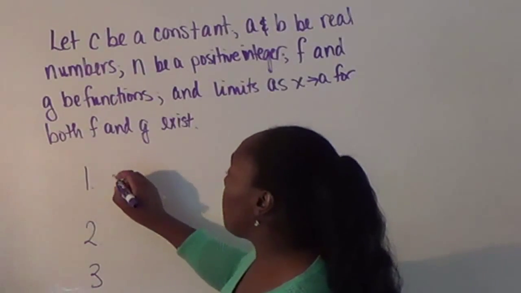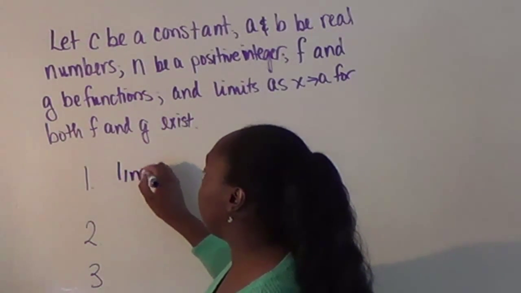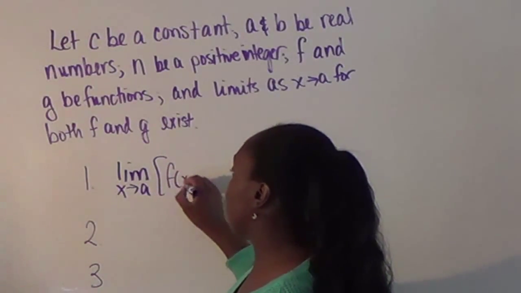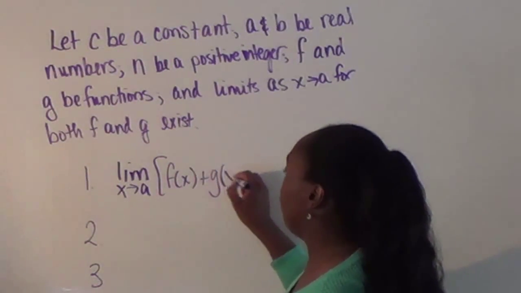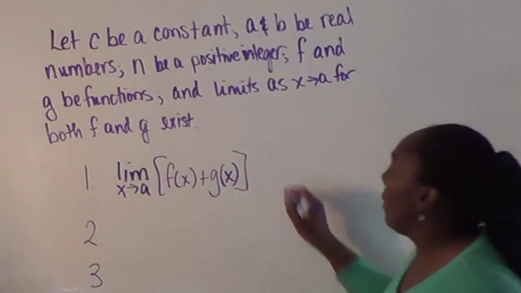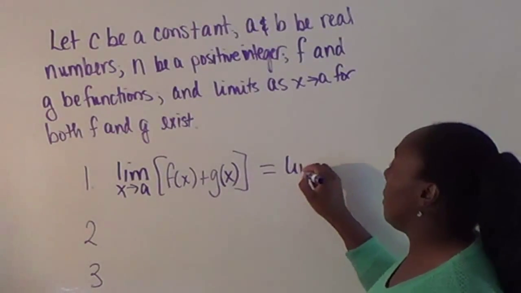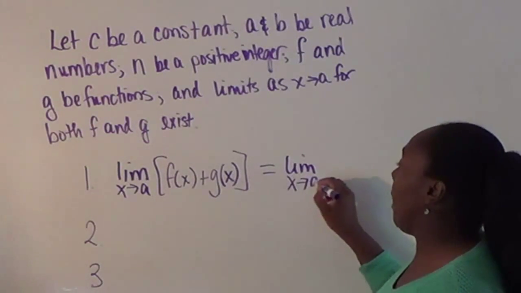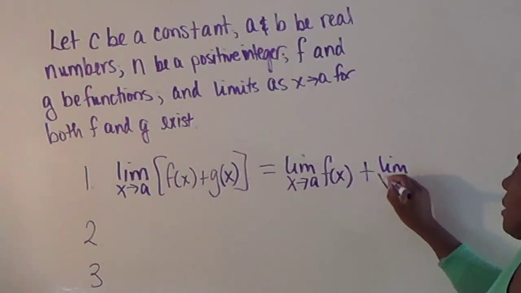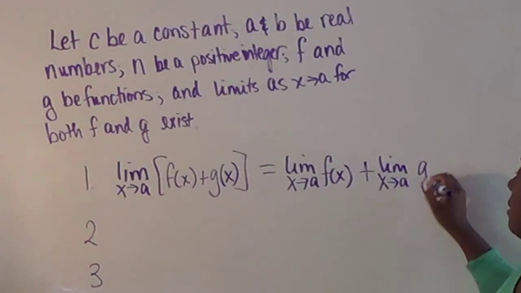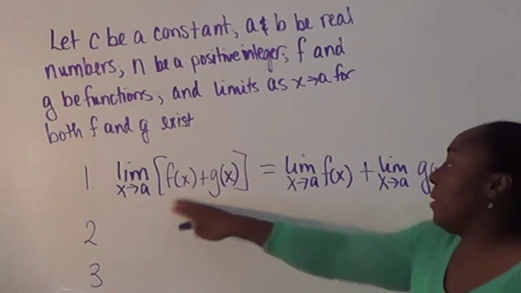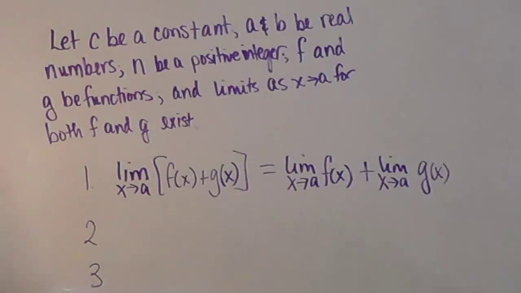The first property says that if I take the limit as x goes to a of f of x plus g of x, in other words, the limit of a sum of two functions, this is going to be equivalent to the limit as x goes to a of f of x plus the limit as x goes to a of g of x, or it's the sum of the limits. So the limit of the sum is the sum of the limits.